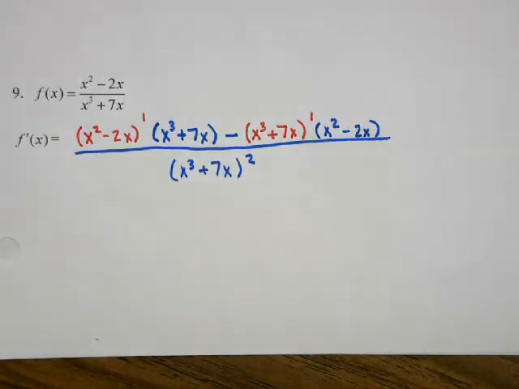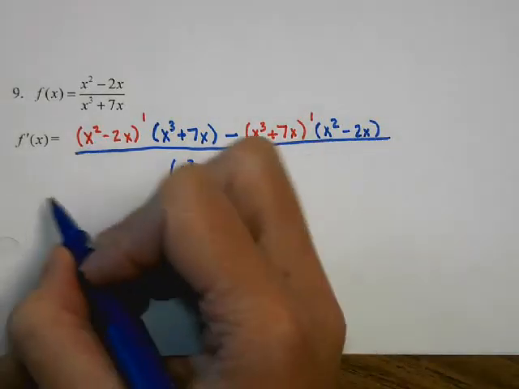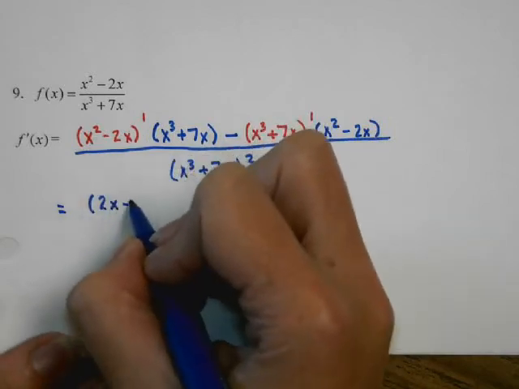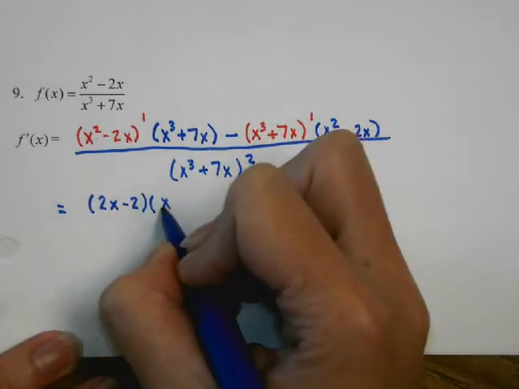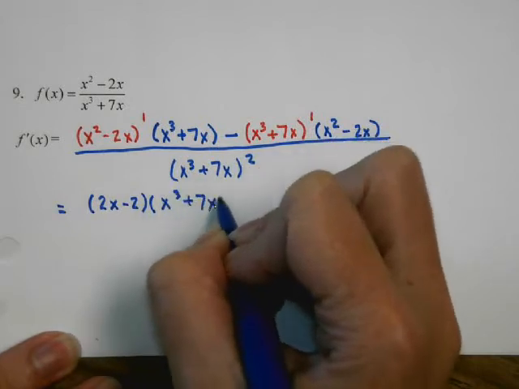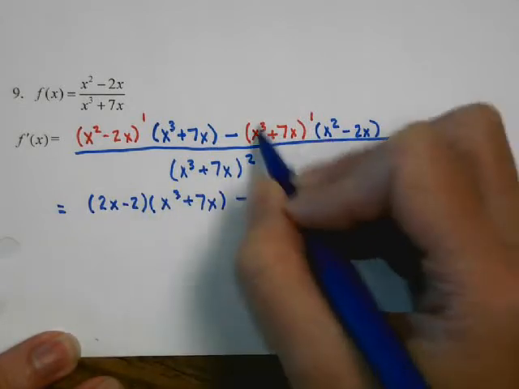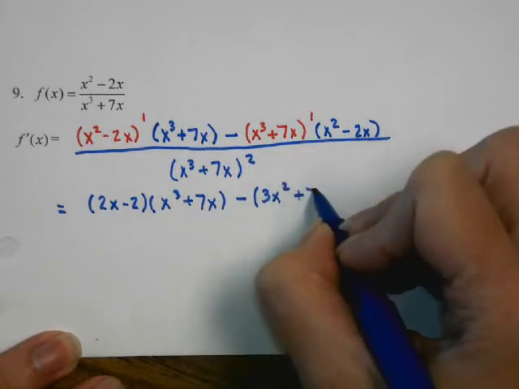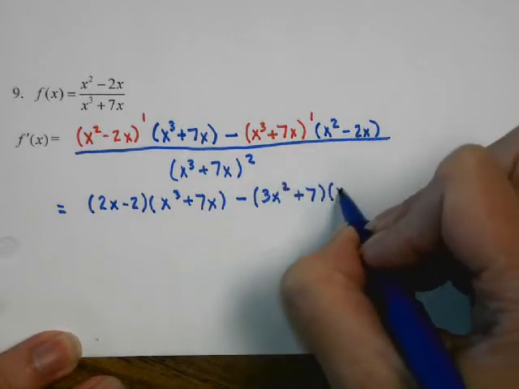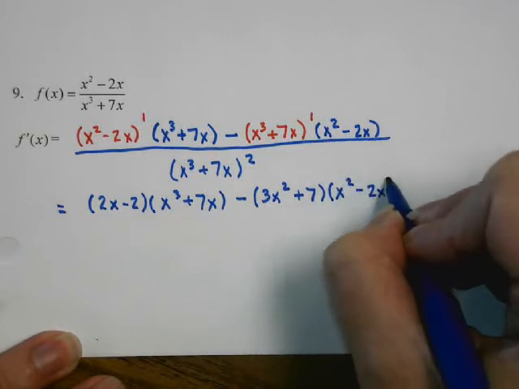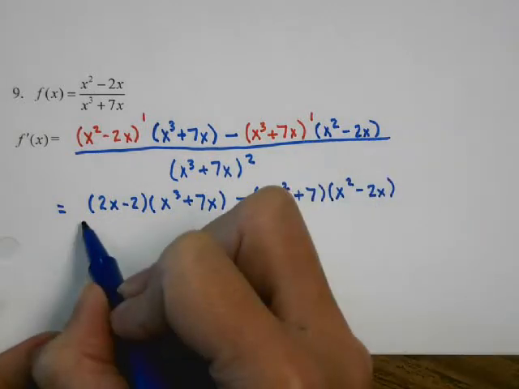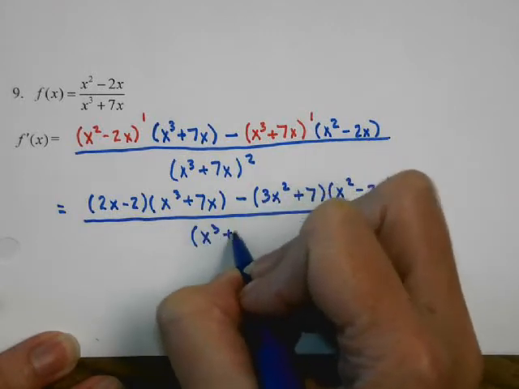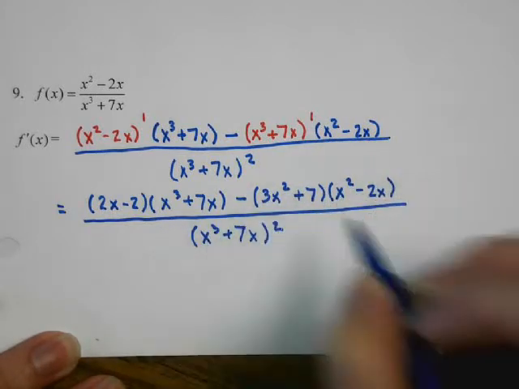Okay, and then I'll do those two derivatives. So this is going to be (2x minus 2) times (x cubed plus 7x) minus this derivative, which is going to be 3x squared plus 7, and (x squared minus 2x) all over (x cubed plus 7x) squared.